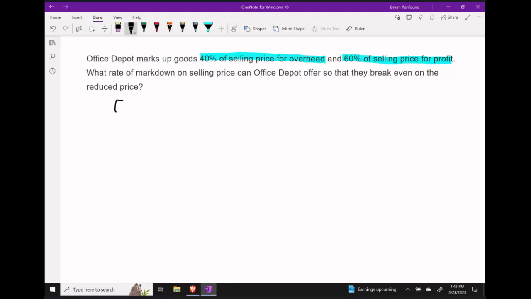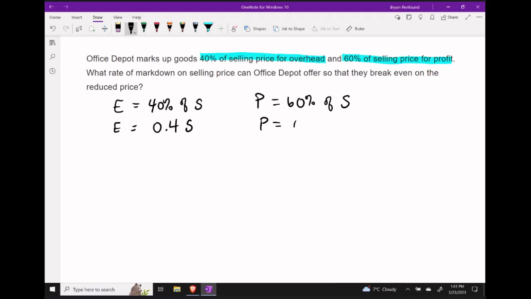We know that our overhead expenses, E, can be represented as 40% of the selling price, S. In other words, I can treat E like 0.4 times S. Also, we know that profit, capital P, can be thought of as 60% of the selling price, S. Or I can represent P as 0.6 times capital S. We know that the markup is comprised of both our overhead expenses as well as profit.